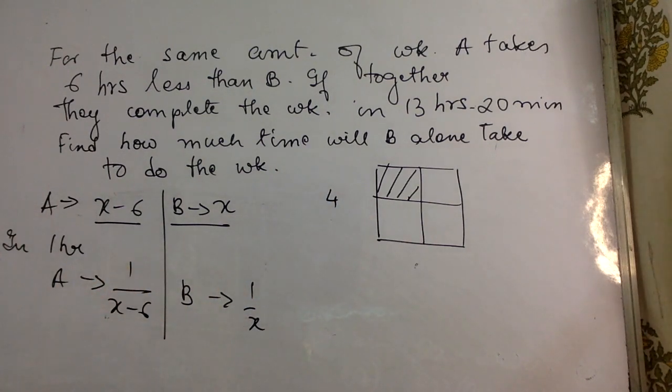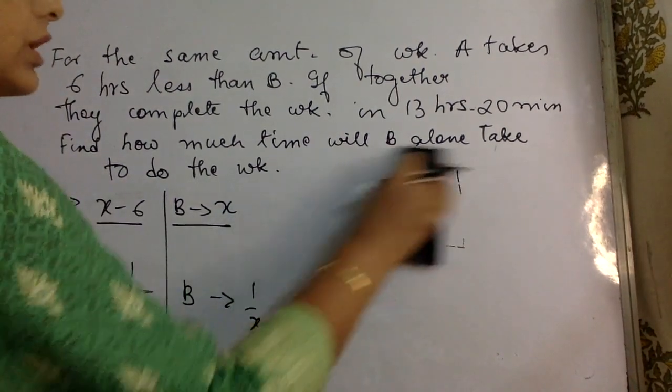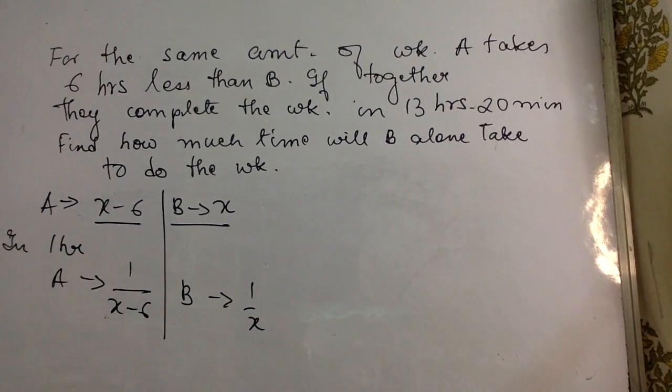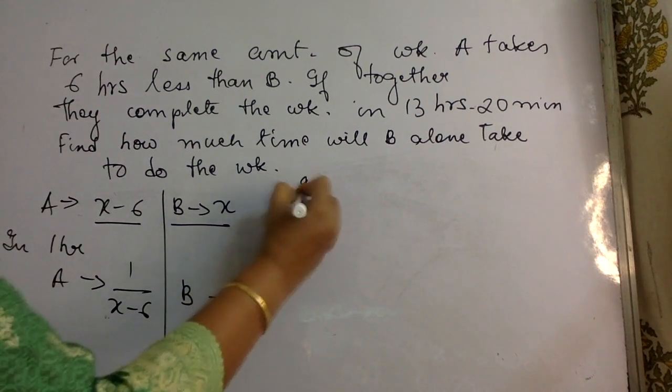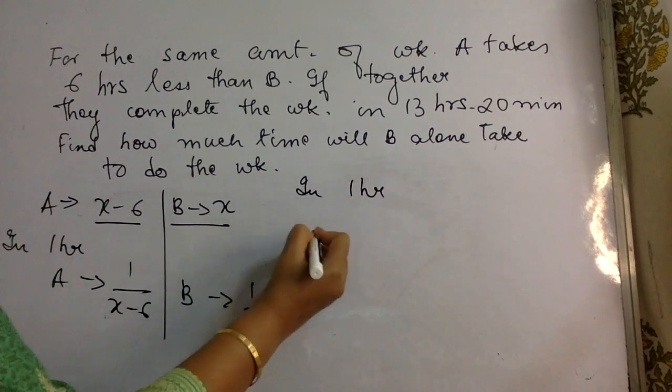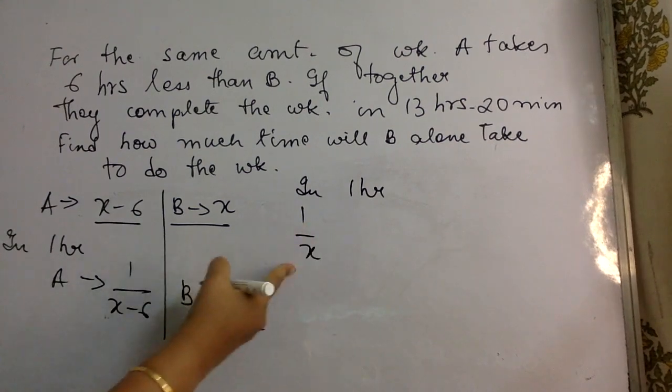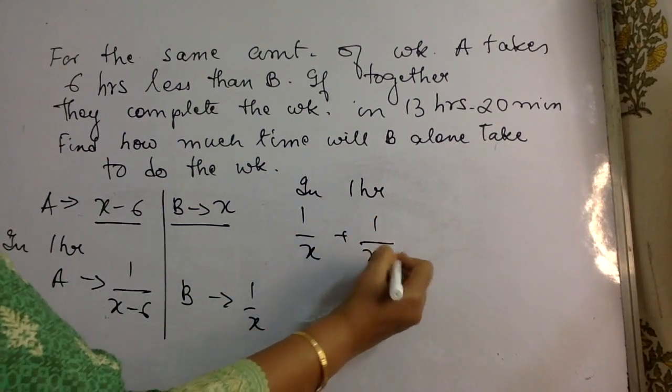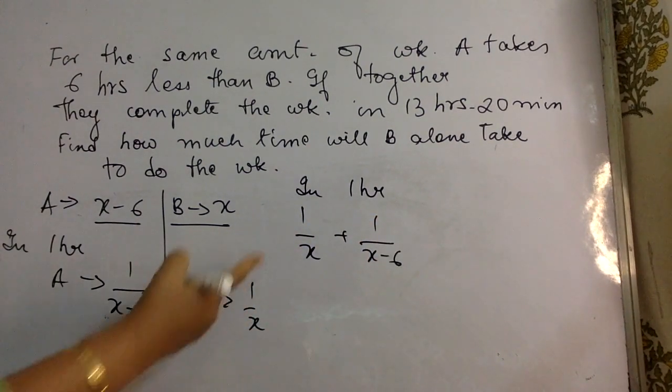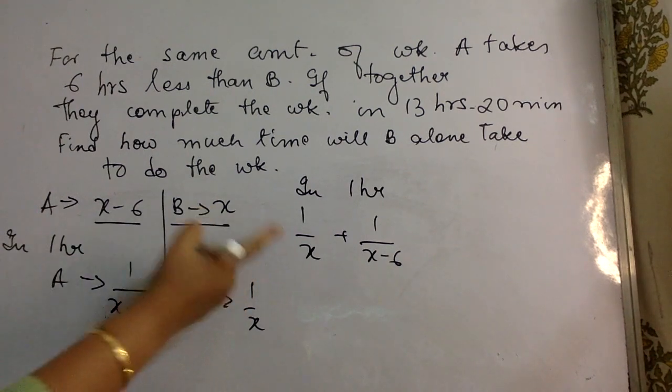Now if you make both A and B work together to finish your work fast, then in 1 hour, how much do they do? 1 by x done by B, and this is done by A. This is the work A and B are doing together.